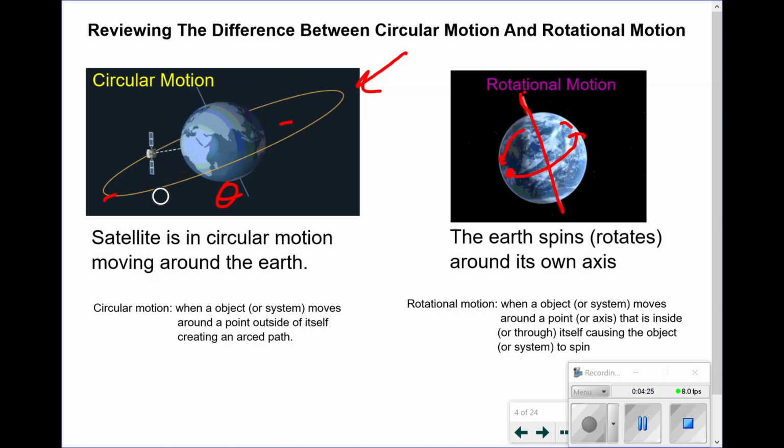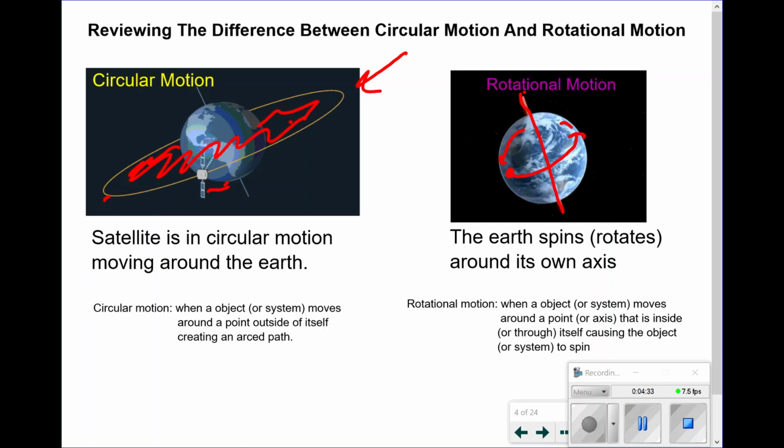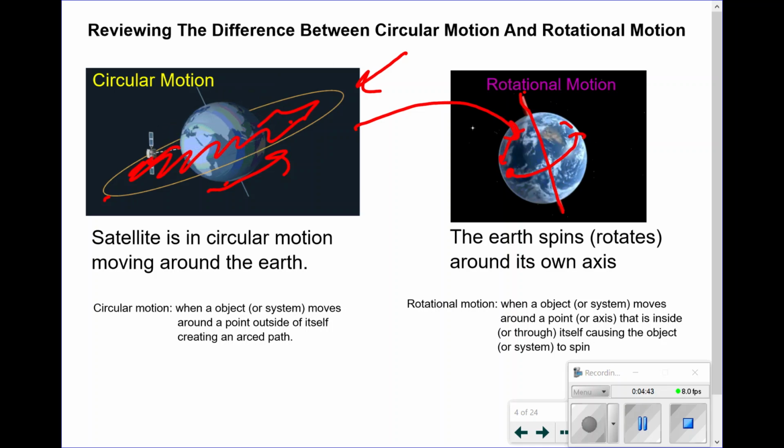So instead of a hollow circular path, I could pretend that this is a solid disk that is rotating, and the satellite is just a point on that disk, much like a point on the Earth's surface is just a piece of a solid object that is rotating around its own axis.